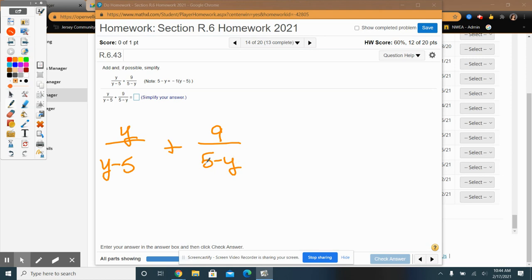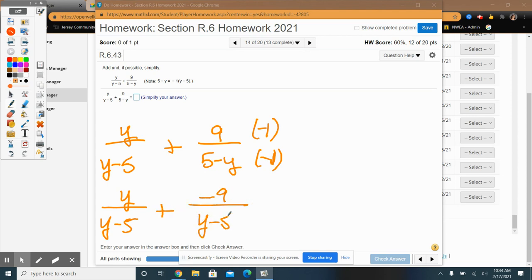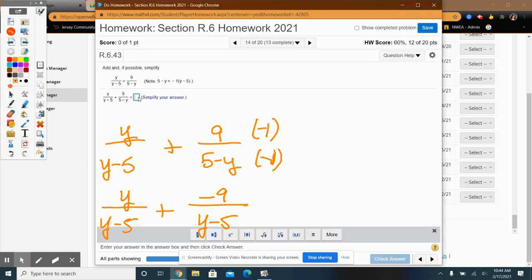If you want to change it, you have to multiply the top and bottom by negative 1. So if you want that to change, I can, but now it's a negative 9 over y minus 5. And now it's just easy because the denominators are the same. And instead of a y plus 9, it has to be a y minus 9.